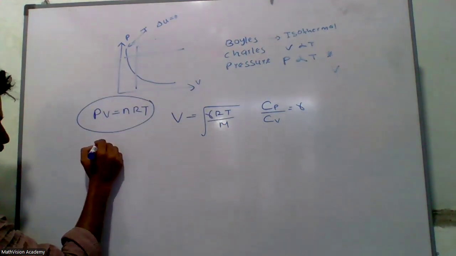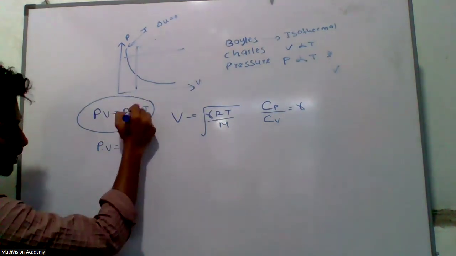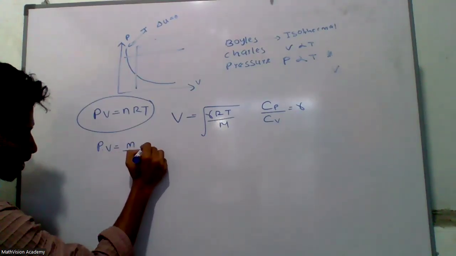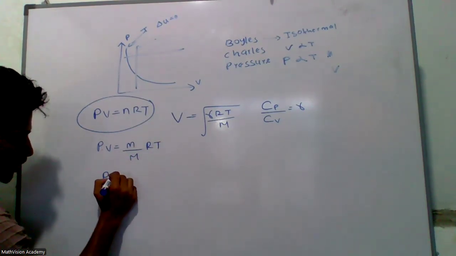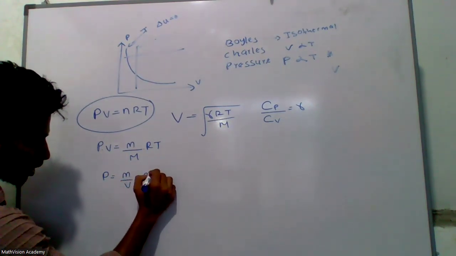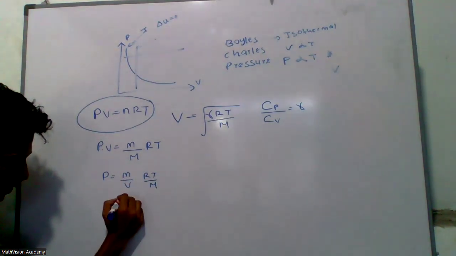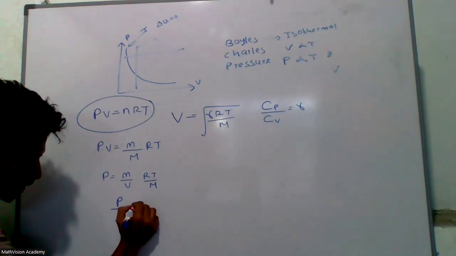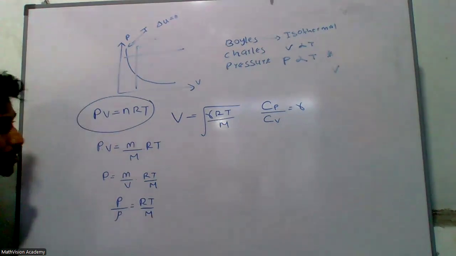If I slightly rearrange this, moles is mass divided by molar mass, so pressure is equal to M over V, RT over molar mass. So we can find that pressure over density is equal to RT over molar mass.